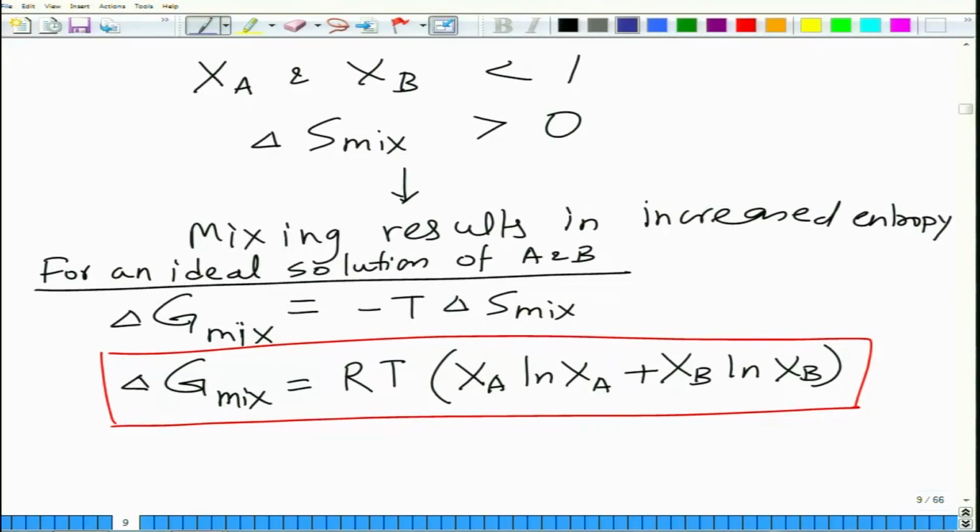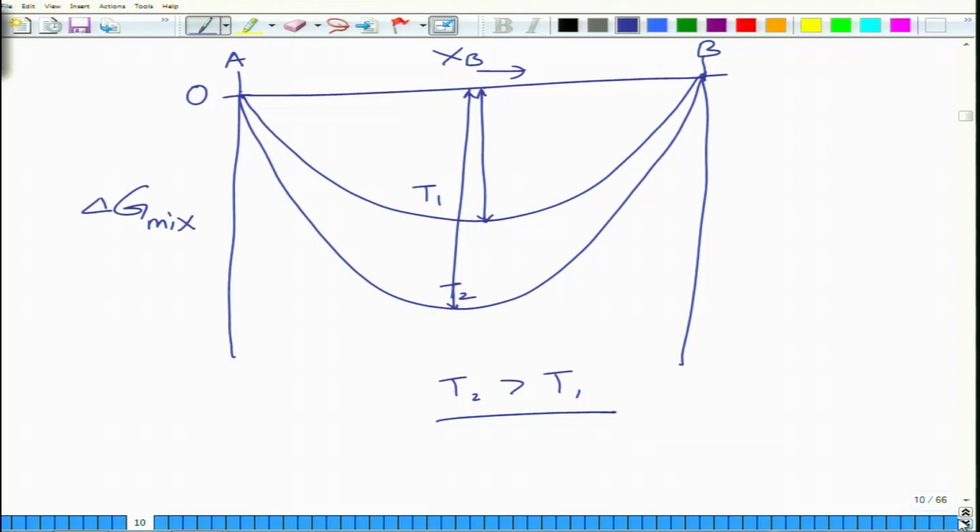So, for an ideal solution of A and B, delta G mixing is minus T delta S mix, which is RT times Xa ln Xa plus Xb ln Xb. When you plot this delta G mixing as a function of composition, what we see is that for pure A and pure B there is no mixing, so it is equal to 0, but for any intermediate composition there is a decrease in free energy, which means a negative free energy of mixing, and that is what makes mixing possible.